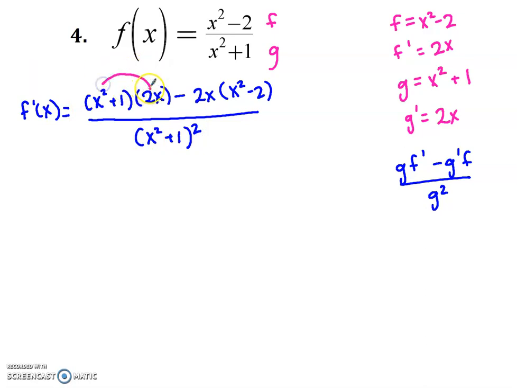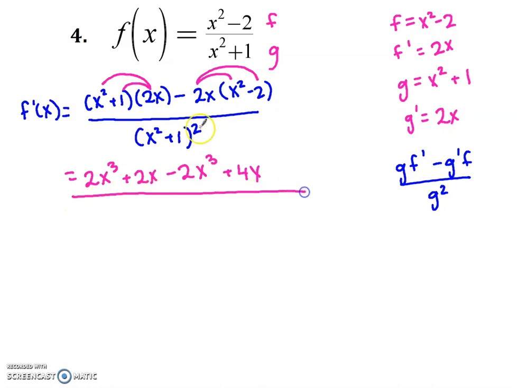So on this one we want to distribute the 2x, so that will be 2x cubed plus 2x, and then on the second part I need to distribute the negative 2x. So that'll be a minus 2x cubed plus 4x. And on the bottom, you do not need to FOIL anything out.